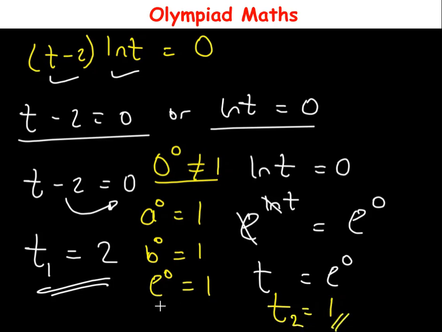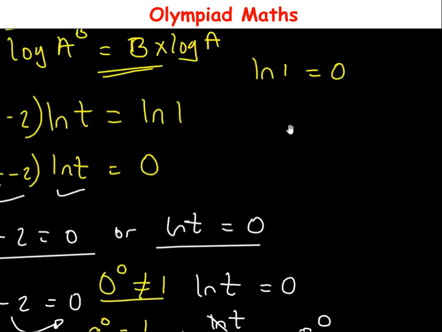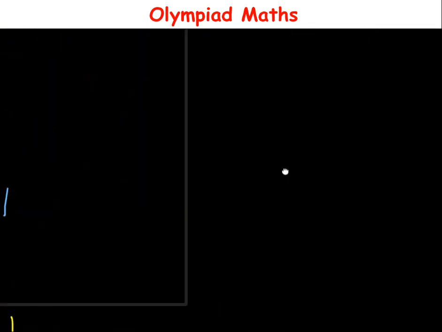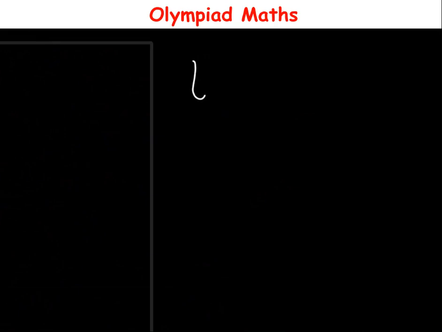Now we've gotten the two solutions for the value of t. t1 is 2 and t2 is equal to 1. Now let us confirm if truly these values of t are the correct values that will satisfy the given equation. Don't forget that the equation is t raised to power t is equal to t raised to power 2.